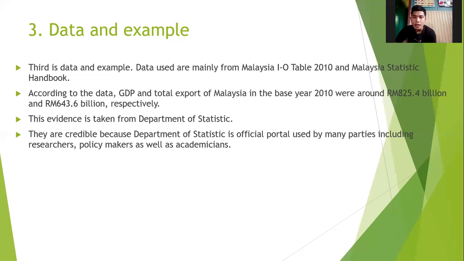This evidence is taken from the Department of Statistics. It is credible because the Department of Statistics is the official portal used by many parties, including researchers, policymakers, as well as academicians.